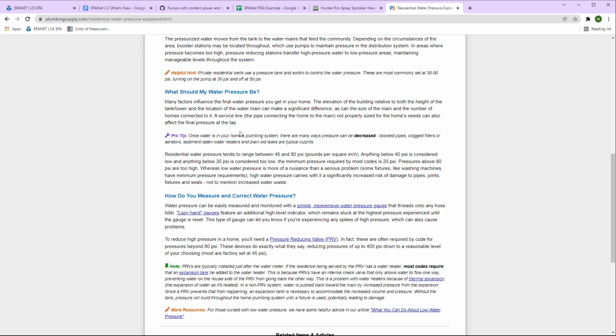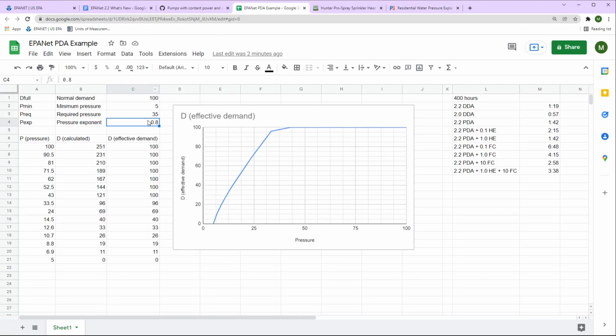So in our network, if our absolute minimum that we have to maintain is 35, you could say that people are used to the pressure of 35. So that's the number I chose as the required pressure to get the full demand. I also rationalized that houses in our area don't have basements. They're kind of slab on grade. So usually there's a little bit of elevation rise from the meter to the first floor elevation.